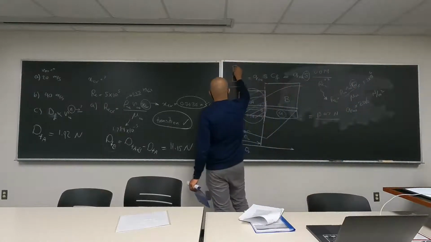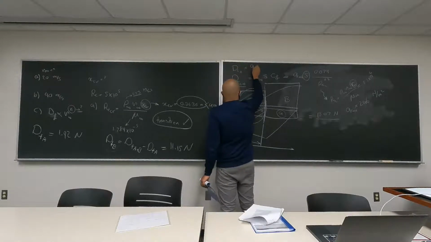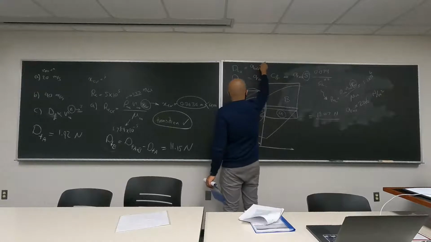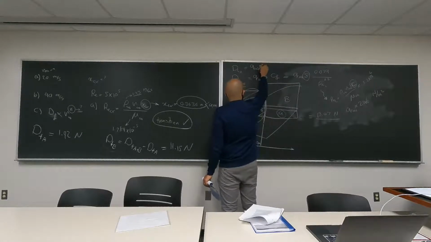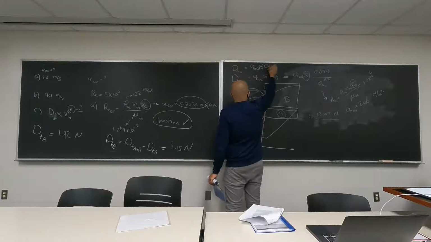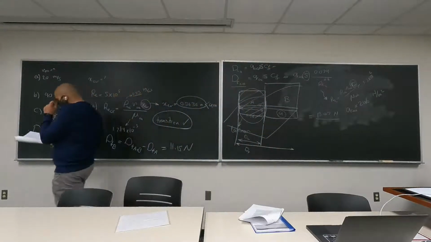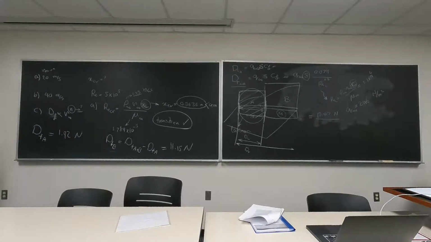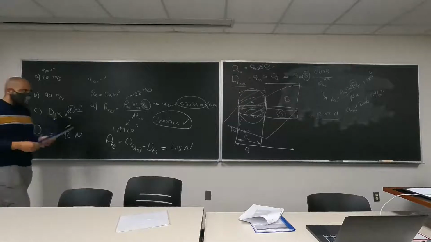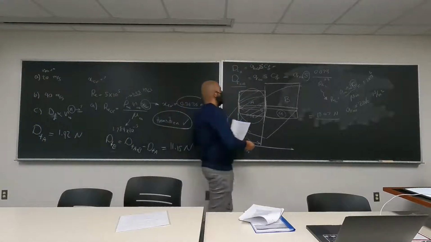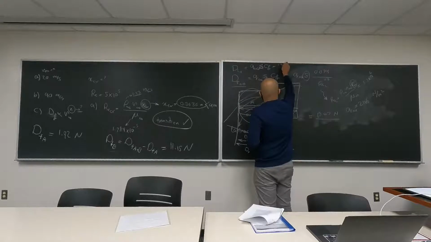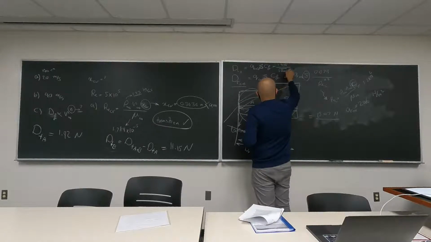Instead of turbulent, we want to find the laminar flow drag, q infinity, S, CF. And the CF here is the laminar CF. What is the formula for laminar CF? Exactly, 1.32 over the square root of Reynolds number.